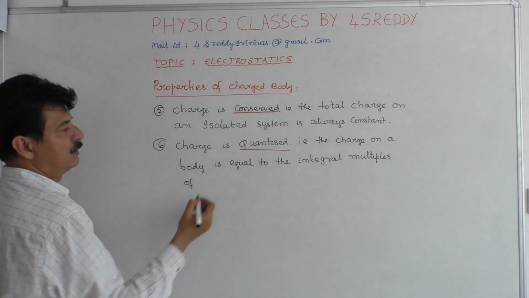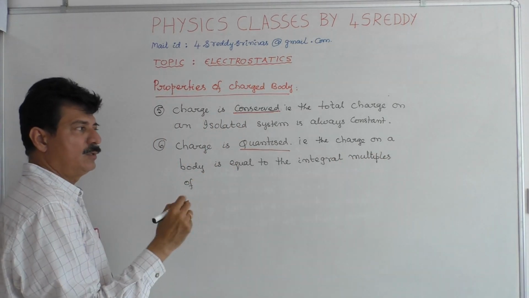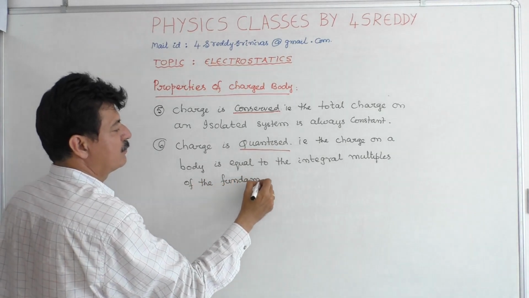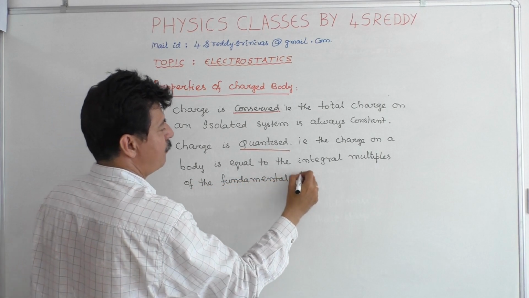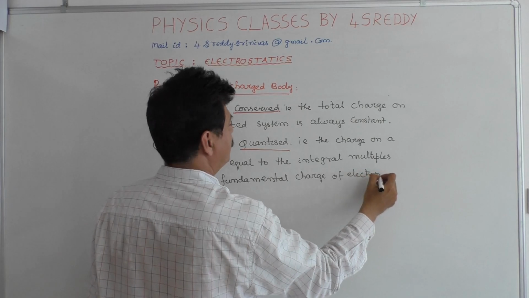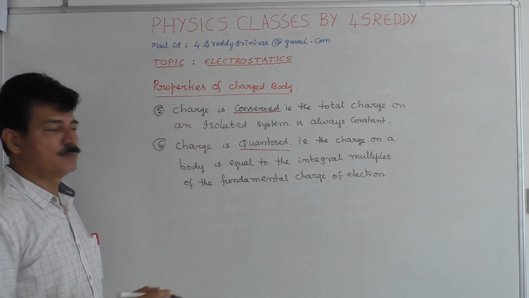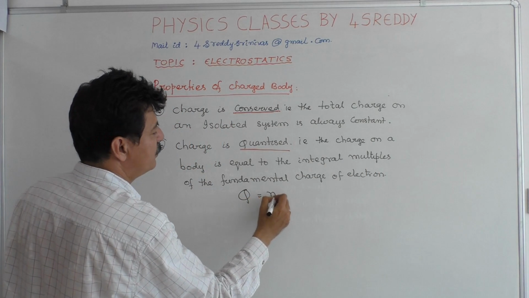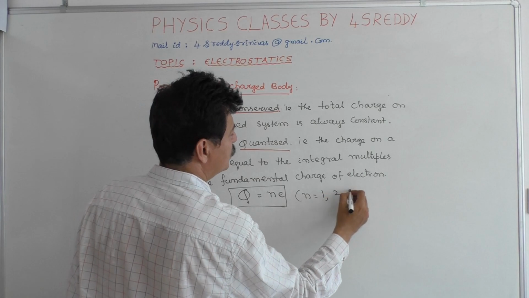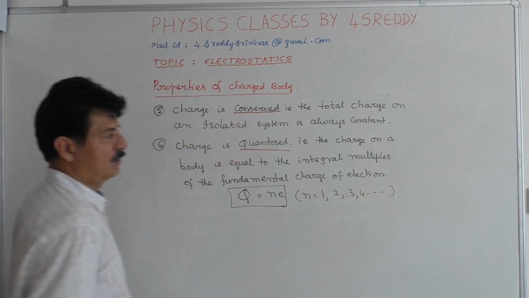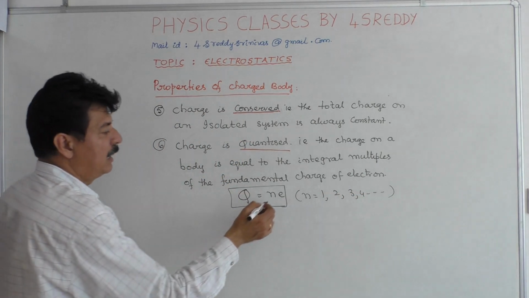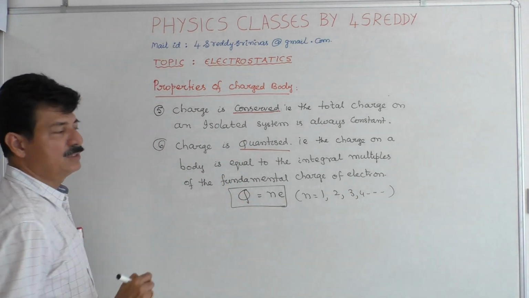The charge is quantized this way. That means Q is always given by Q = n e, where n equals 1, 2, 3, 4 and so on. This small e is the charge of the electron, n is the integer and Q is the total charge.